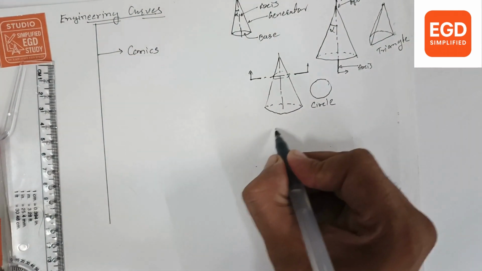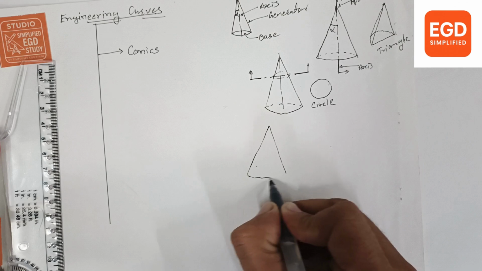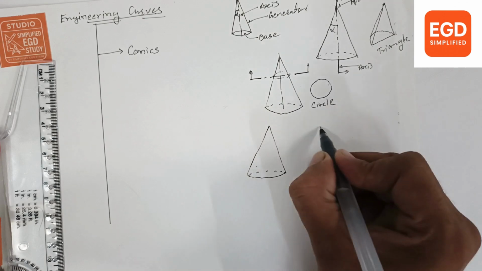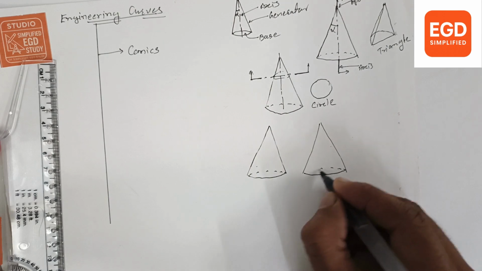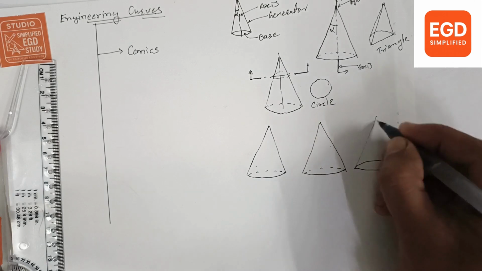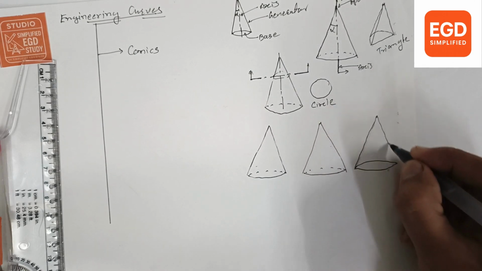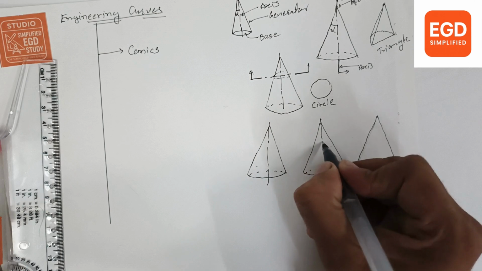So let's draw 3 cones, meaning there are 3 possibilities that we are going to see here. These are your cones, these are axes.